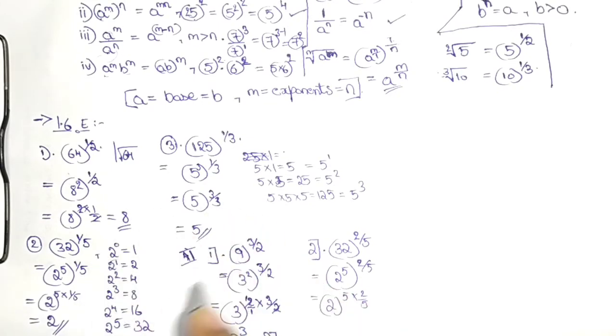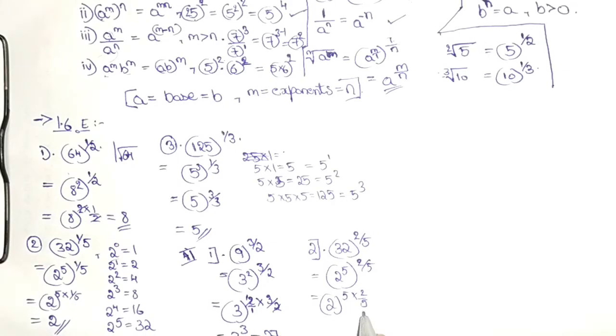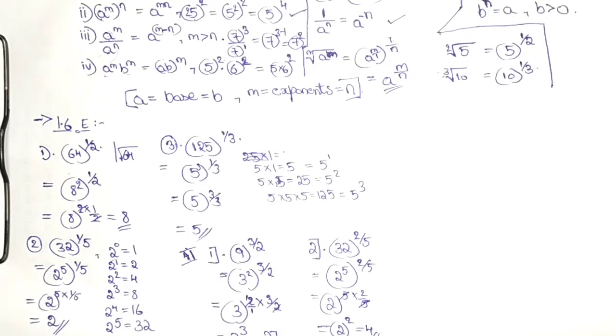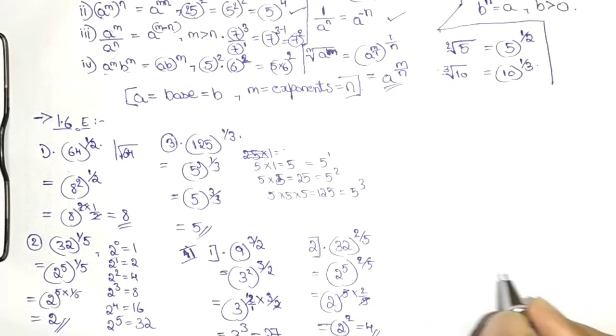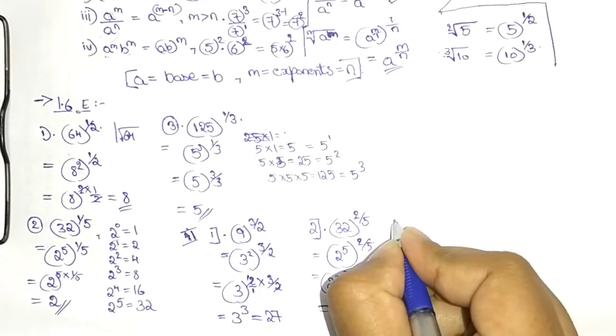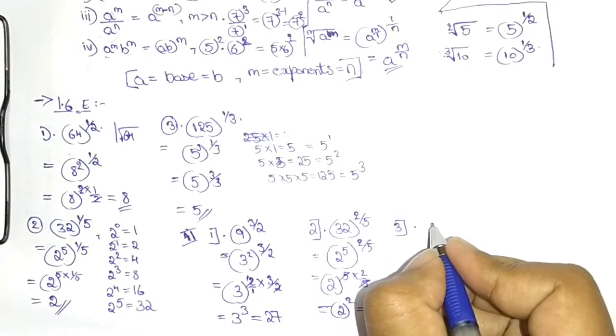Same law. Every concept here deals with the law a power m whole power n. The 5s cancel, 2 power 2 is going to be 4. Simple. All your chapters are as simple as that if you know the law of exponents.